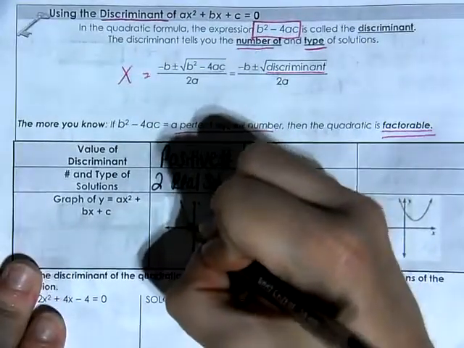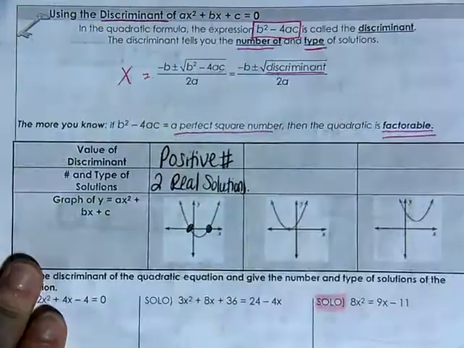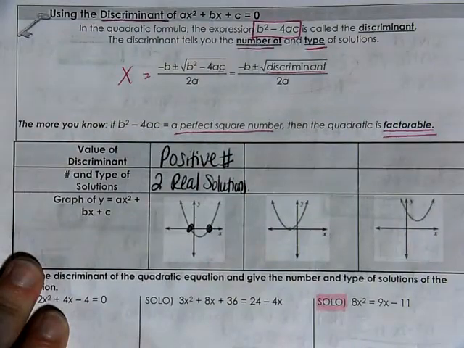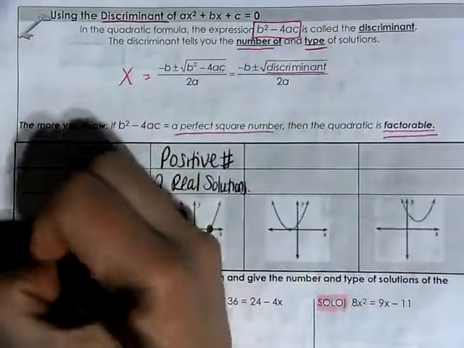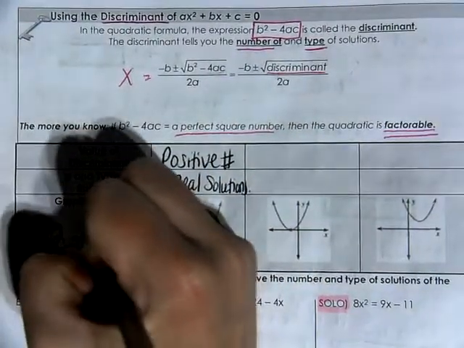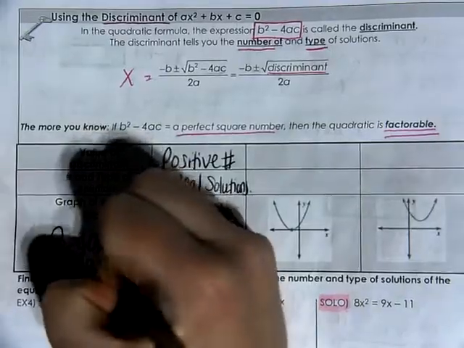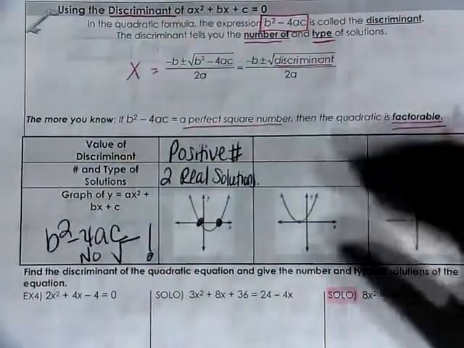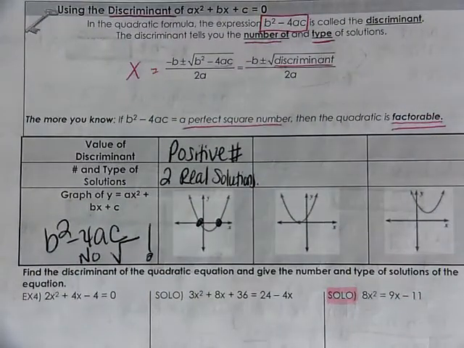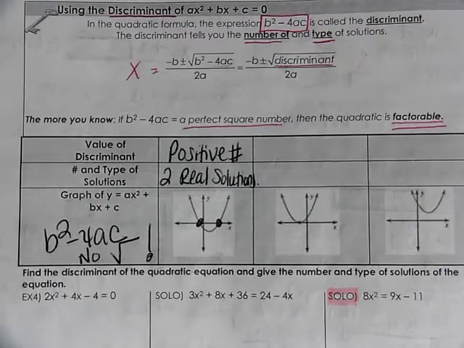That means that the quadratic function crosses the x-axis at two locations. Now, please note that whenever we're looking at these, we're looking at just the b squared minus 4ac with no square root around it. That's where a lot of kids make the biggest mistakes. We're just talking about the value that is underneath the radical. So I want to make sure that we are all on the same page with that.